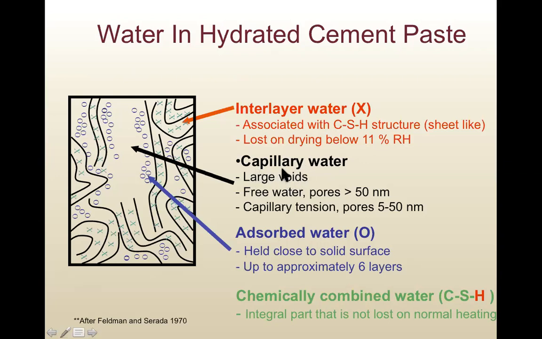And depending on the size of the pores, when the pore size is larger than 50 nanometer, when the water evaporates from the larger pores, that is fine. However, when the water in smaller pores, between 5 to 50 nanometer, evaporates, that will cause shrinkage of concrete.